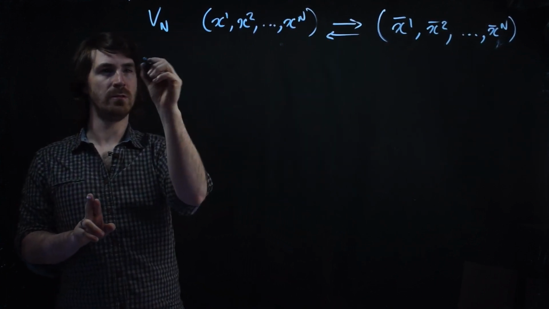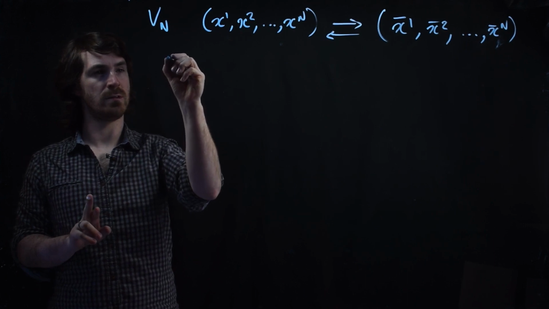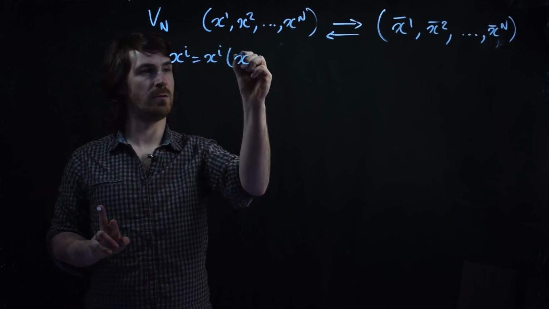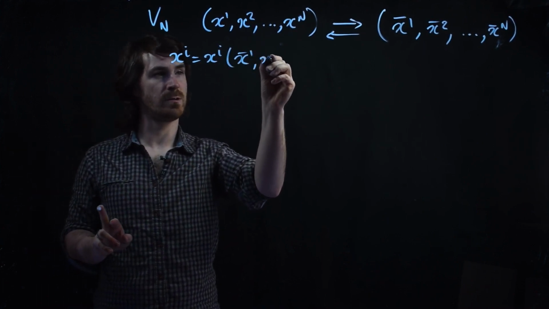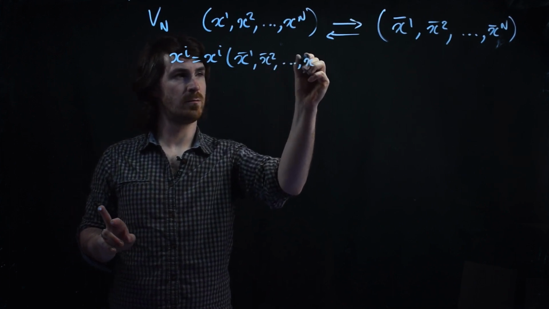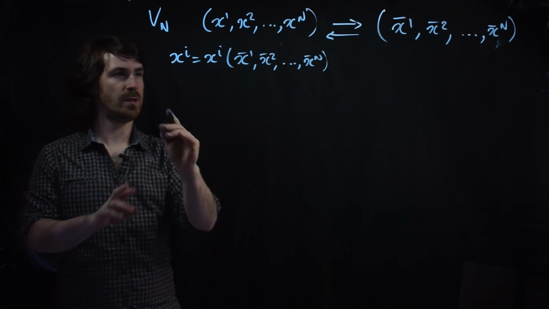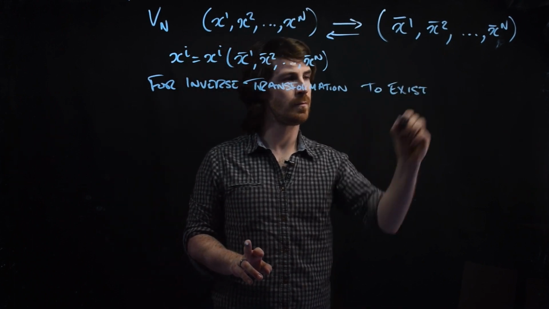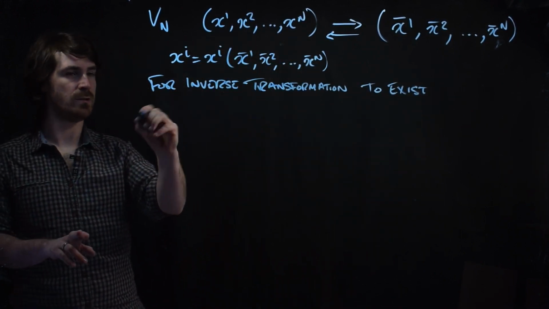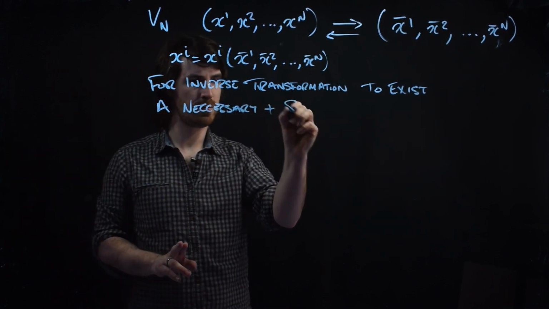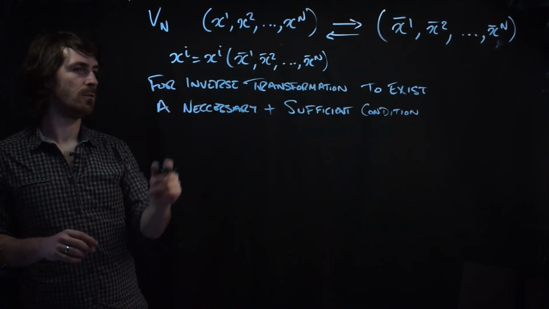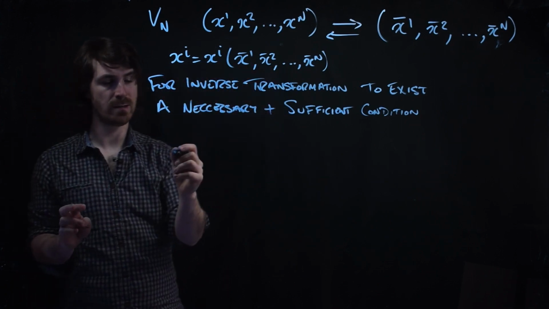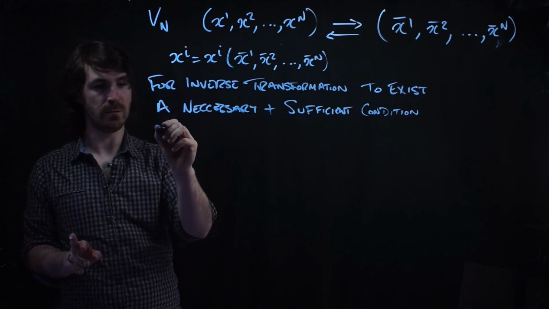And for this inverse transformation, which we wrote as xi as a function of all the x bars, x1 bar, x2 bar, up to x bar n, to exist, a necessary and sufficient condition is that what we call the Jacobian is non-zero.